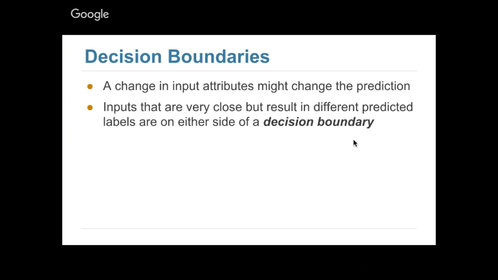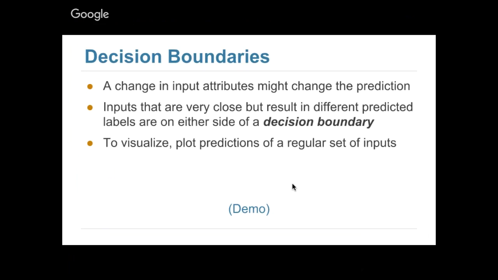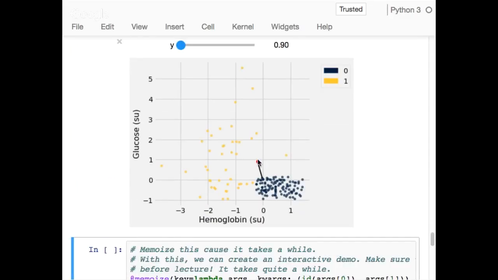So what I'm going to do now is visualize that decision boundary. Here we saw just one point and where it switched. But you can imagine me taking another red point over here and moving it this way on the x-axis, right?